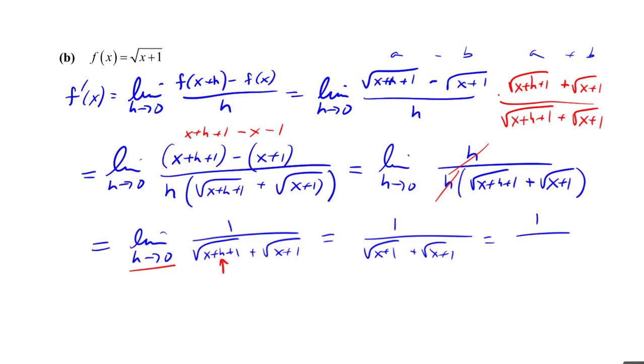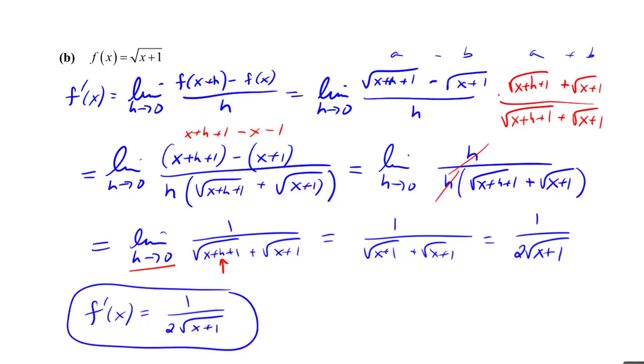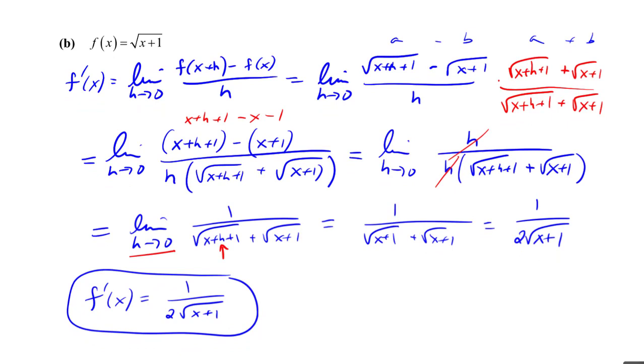I get 1 over 2 square root of x plus 1. And there I have it. F prime of x here is 1 over 2 times the square root of x plus 1. That's it. Okay, so there are a couple of examples of doing the derivative by the limit definition.